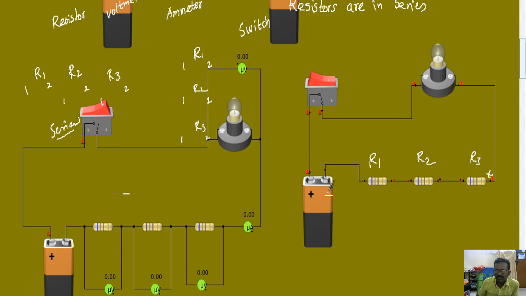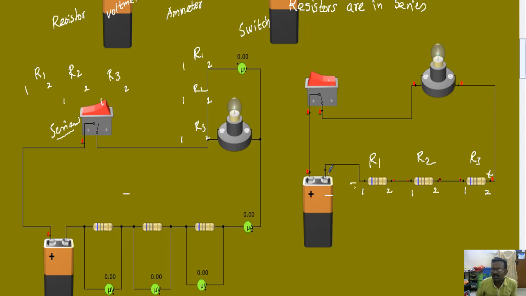Let me say it another way. The plus is connected here, the minus is connected here. The minus terminal of the battery is connected to the first end of the first resistor, the second end of the first resistor, first end of the second resistor, second end of the second resistor, first end of the third resistor.